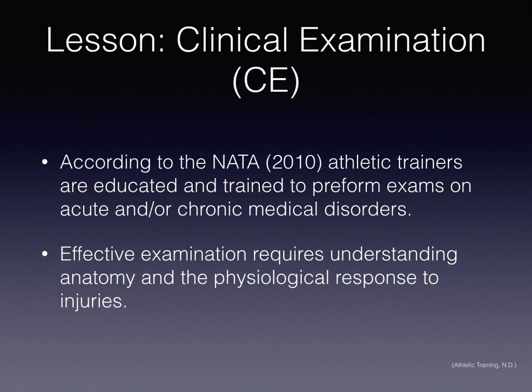We do go over some other injuries, but most of the injuries that we go over are going to be very common in the athlete themselves. Effective examination requires understanding anatomy and the physiological response to injuries.